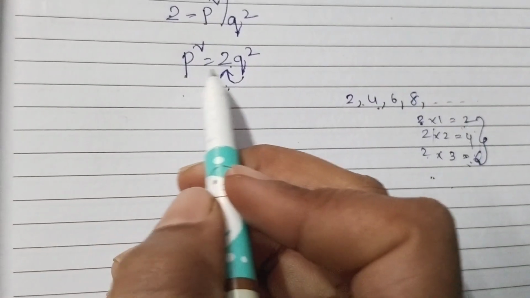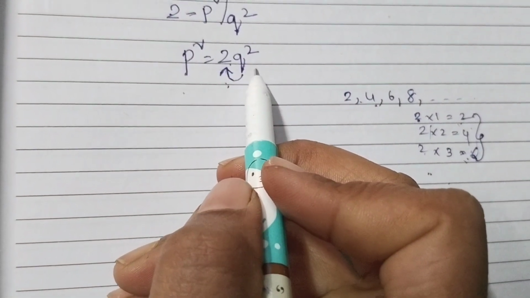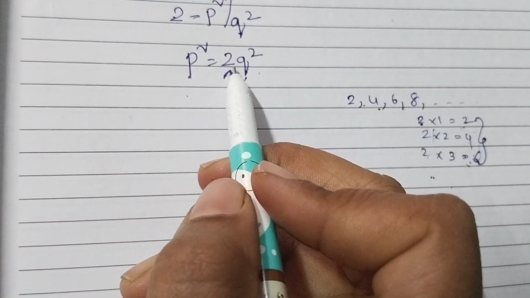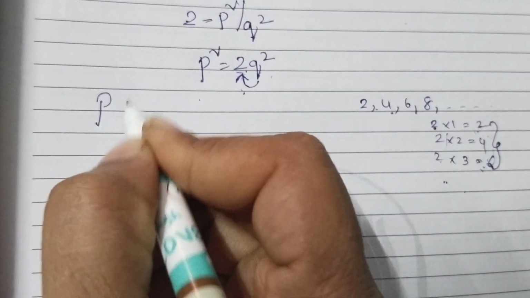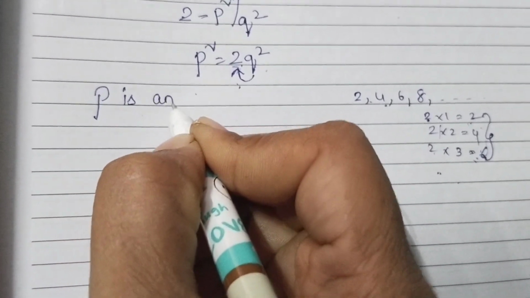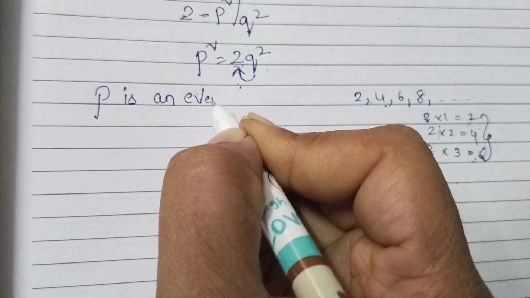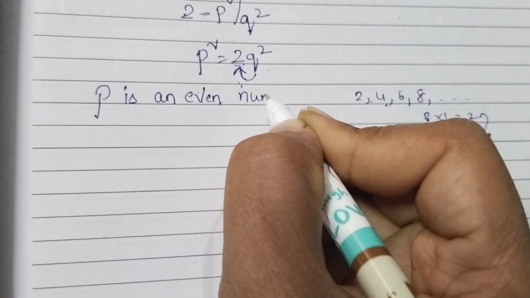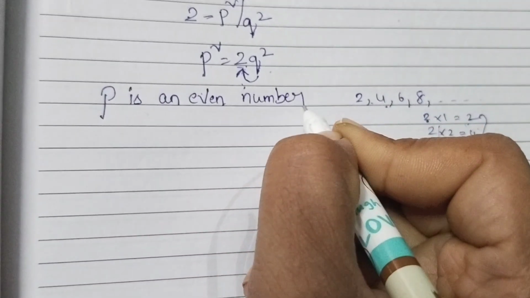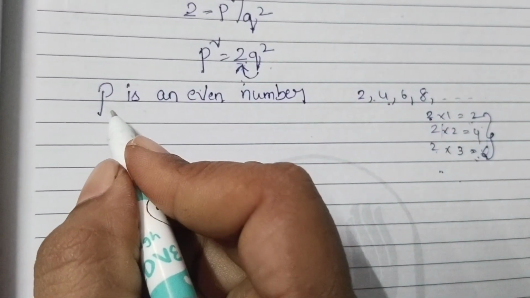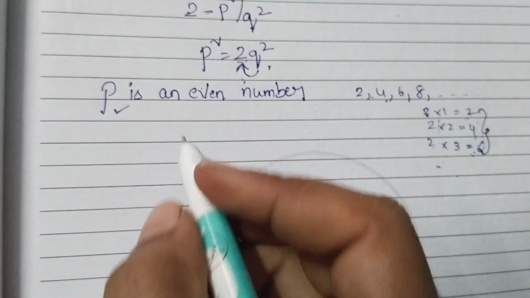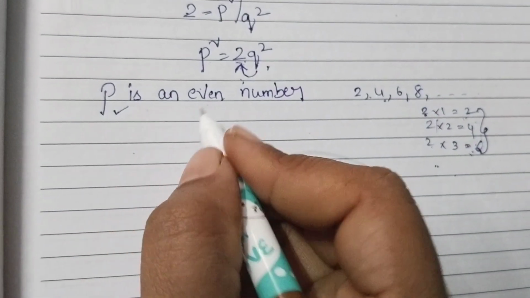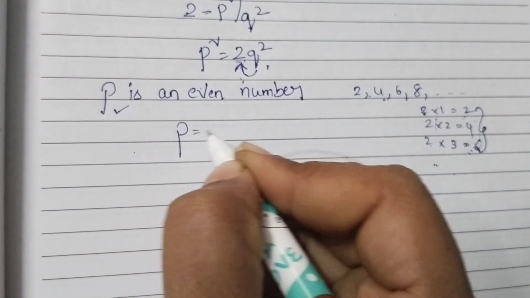Here p square is 2 into q square, nothing but p square is a multiple of 2. So what is p? p is an even number. First thing, we got information regarding p. Now we'll see the information regarding q. p is an even number, so p is a multiple of 2.